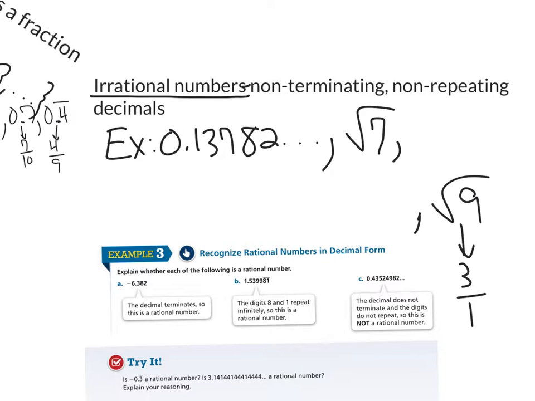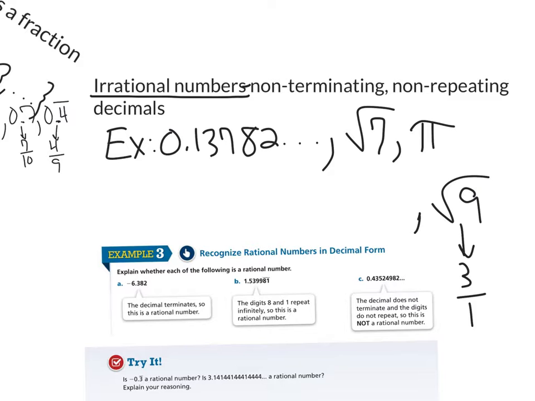We can't get a number times itself to get 7. Pi, you may have heard of before. It's about 3.14, but actually the decimals keep going and don't repeat. So it seems a lot more things are rational than irrational, but there are irrational numbers as well.